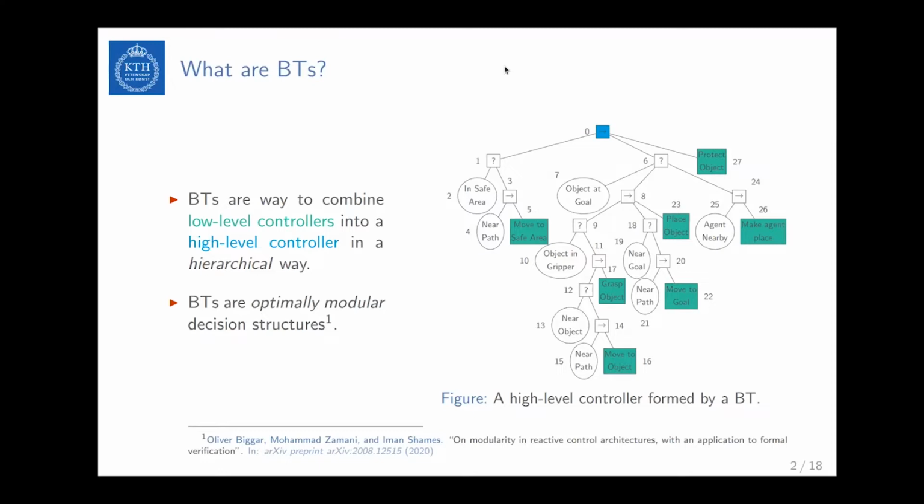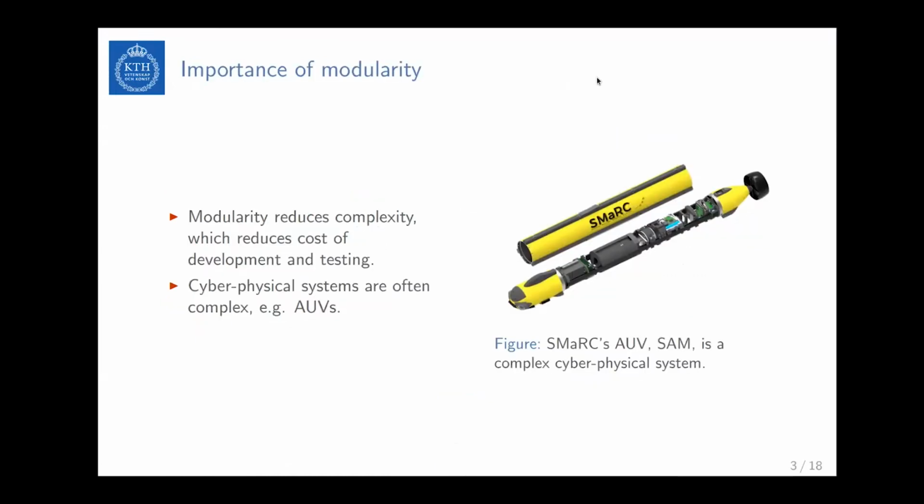And the reason why behavior trees are preferable for a lot of robotic systems is that they're optimally modular. And this has actually been shown theoretically recently. So the claim that behavior trees are modular is not just hand waving, it's actually theoretically true. And the reason why modularity is really important is because modularity reduces complexity.